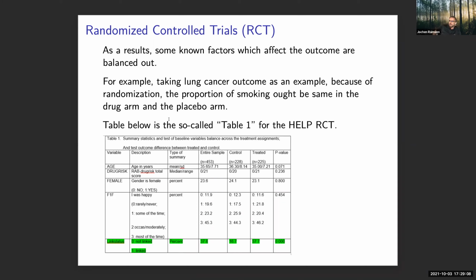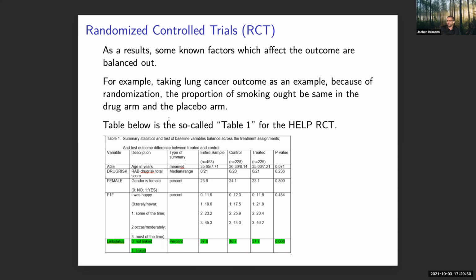So we have lung cancer outcomes, and there's obviously an obvious confounder in the outcome observed in both groups, which is the proportion of smoking in the group. So if you randomize them between both arms, you are supposed to essentially have a balanced proportion of smokers.